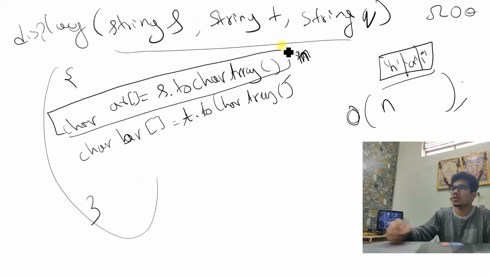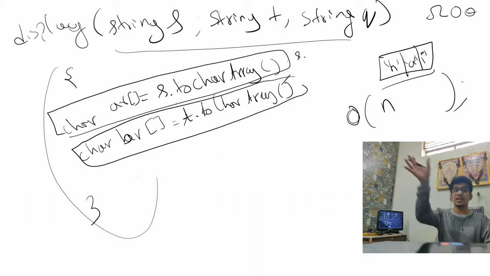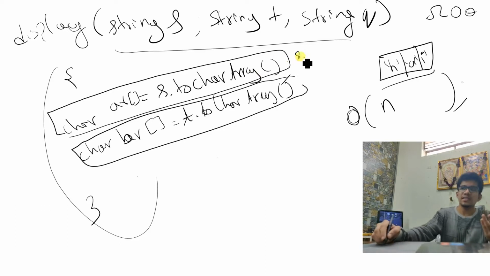Is it compulsory to have s dot length and t dot length as the same? Is it compulsory to have both strings of the same length? No. Your s dot length can be 100, t dot length can be 1000. So the size of the string s is n, and the size of the string t is m.